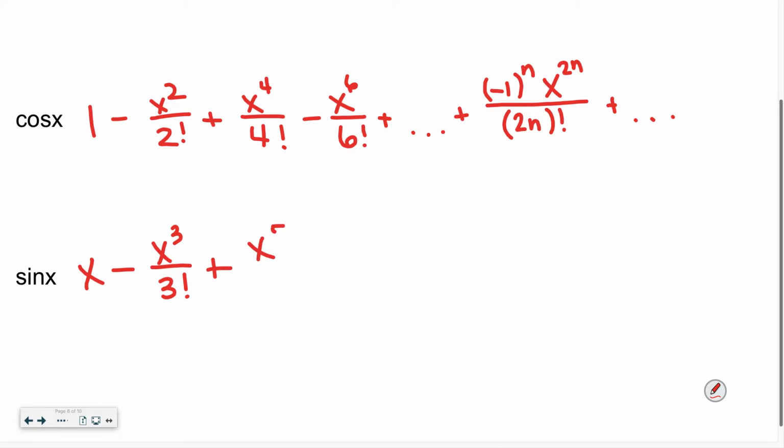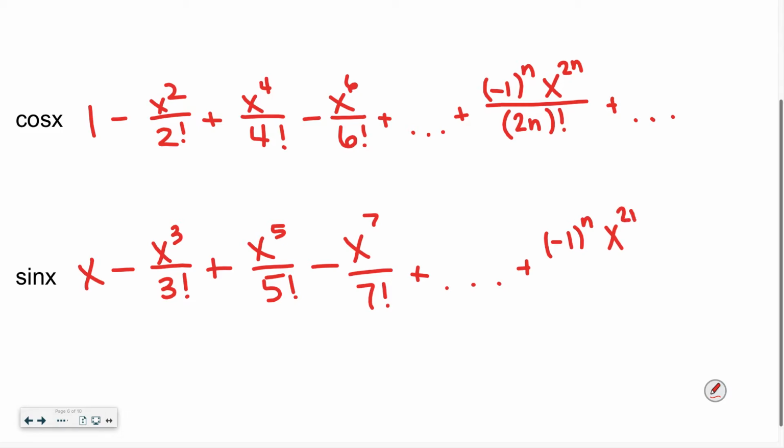And that pattern is going to continue to where we only have the odd powers, but we will still alternate signs because of the relationship with sine and cosine and their derivatives. So let's describe this pattern. We have the alternating piece, but now what is our power on x? 2n plus 1, and that matches the denominator's factorial.